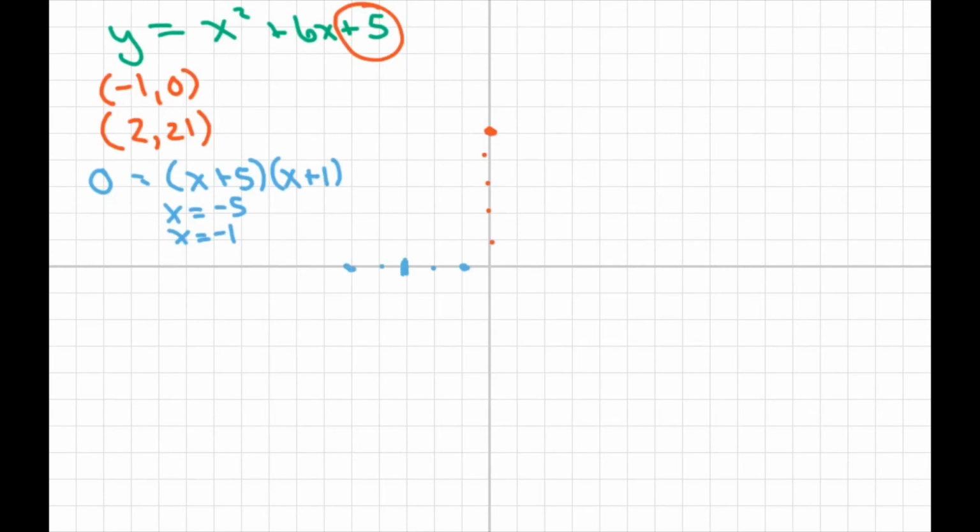So this right there is -3, and if I plug in -3, I get 9 minus 18 plus 5. I'm just finding my vertex here. So that's going to be -4. 1, 2, 3, 4. So that's just going to help me graph this.